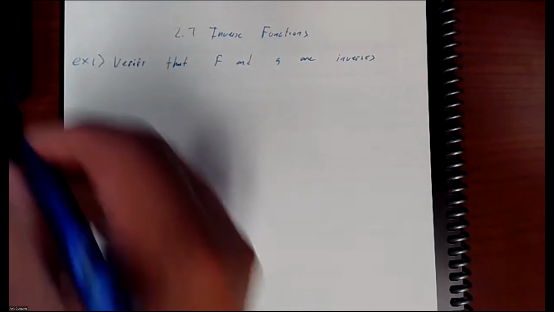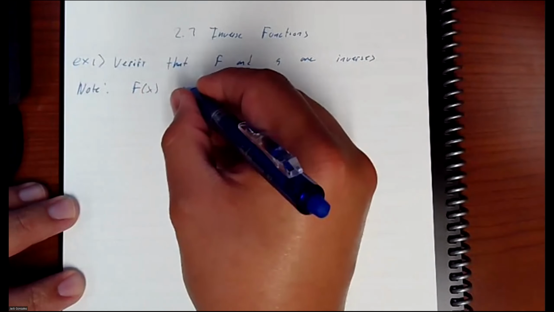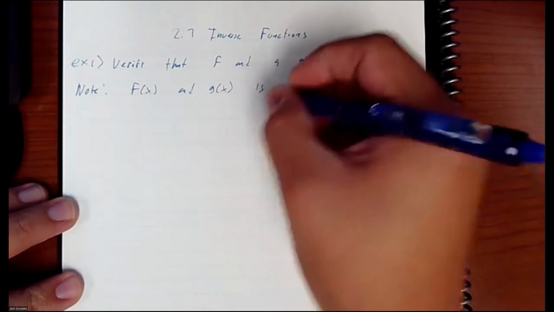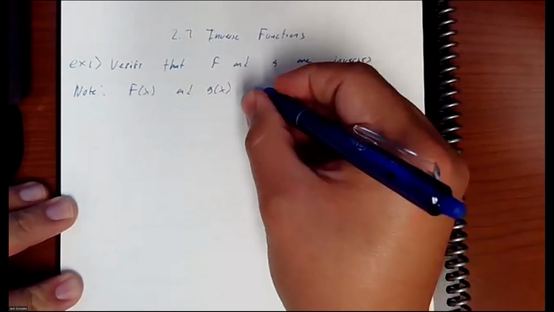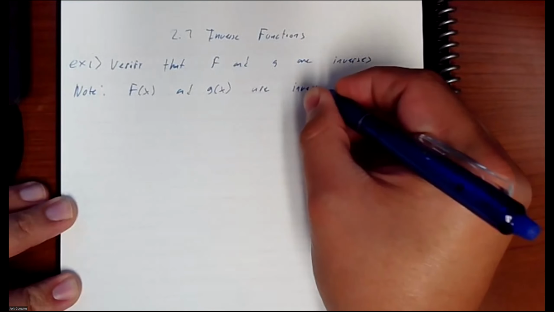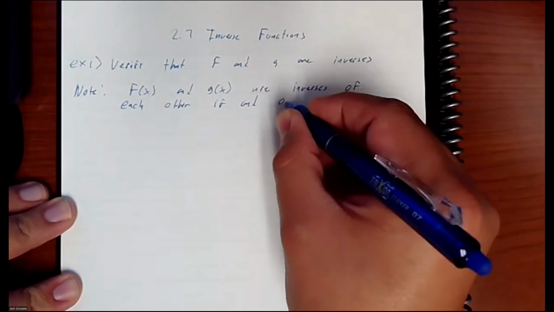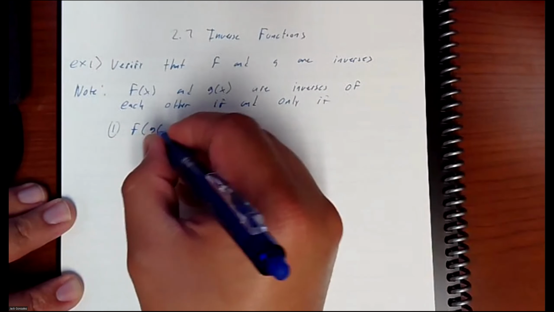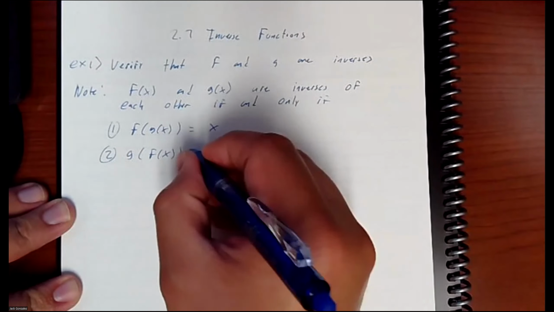So let me give you a note here. f of x and g of x are inverses of each other if and only if these two things happen: f of g of x is equal to x and g of f of x is equal to x.